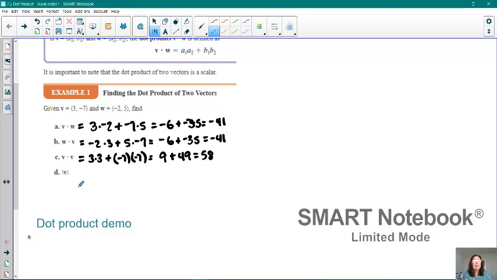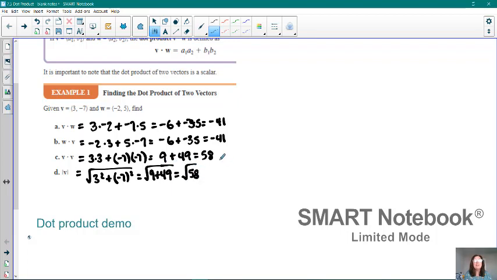Okay? And then just a little reminder about what this means. This is indicating find the magnitude. So we will find the magnitude of v, and we see that it's the square root of the horizontal component squared plus the vertical component squared, which is the square root of 9 plus 49, otherwise known as the square root of 58.